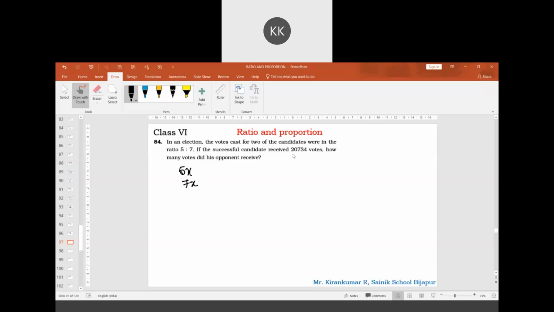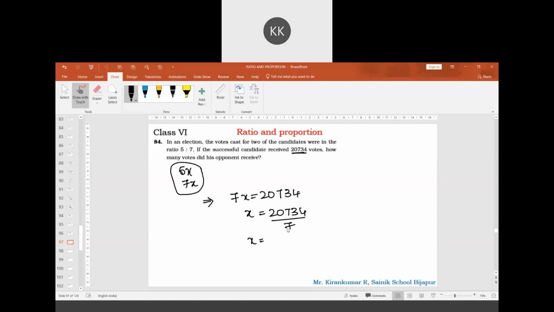According to the question, the successful candidate receives 20,734. So among these, which one is successful? 7x. So 7x is equal to 20,734. The x value is 20,734 divided by 7.